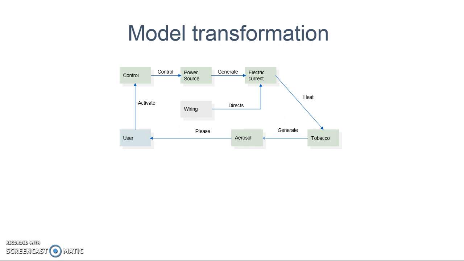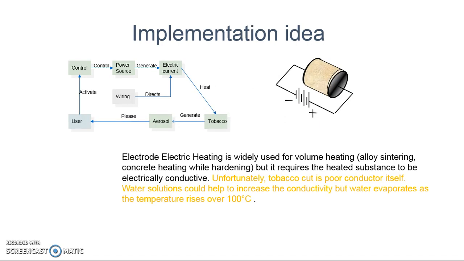And then a little problem appears: how to make it possible, because something has to heat tobacco. So what if we think, also having in mind the ideal final result concept, what if tobacco heats itself? Can we try to think like this? And the answer is, in theory, yes. Because if you pass current through tobacco cut, beautiful things could happen.